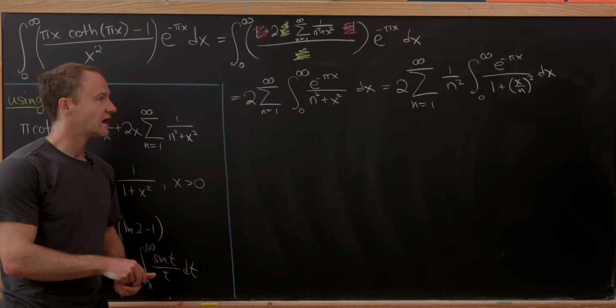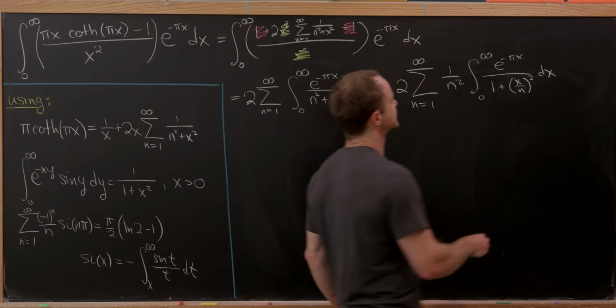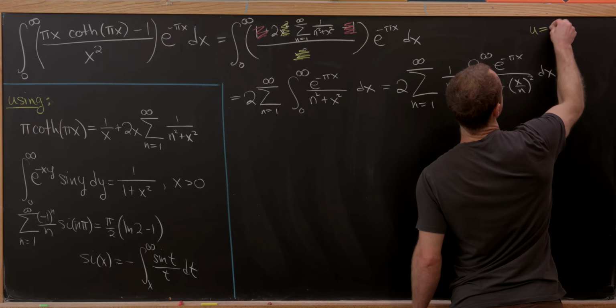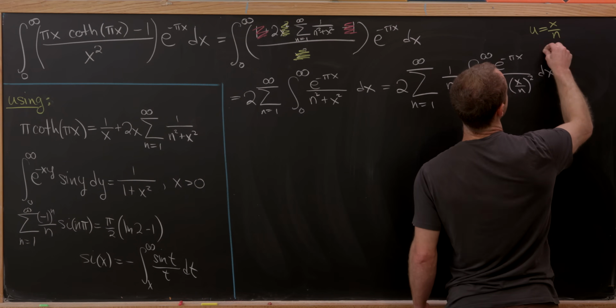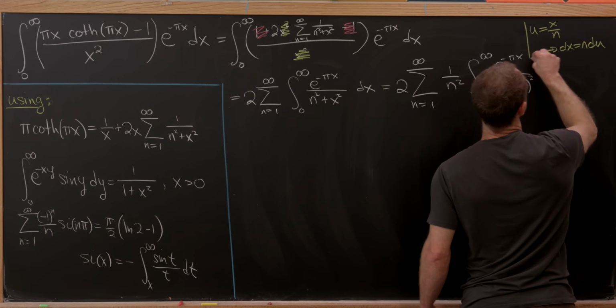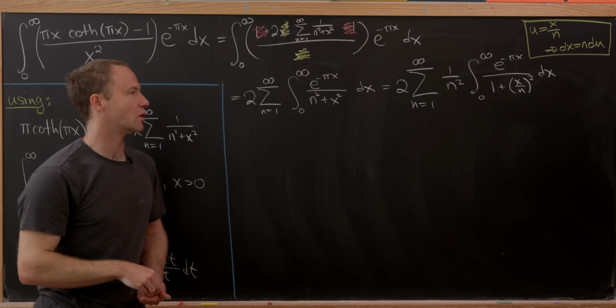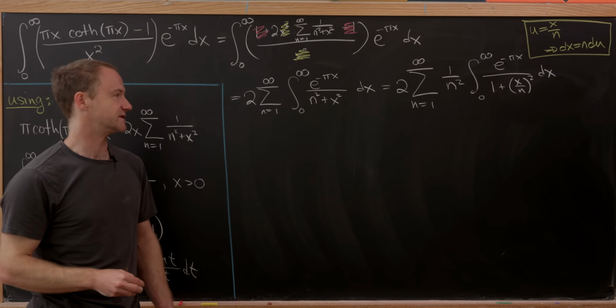Okay, cool. And seeing it like this motivates a substitution. And the substitution here will be u equals x over n. Notice that means that dx is equal to n times du. Okay, and then the bounds of integration won't change because 0 over n is 0.